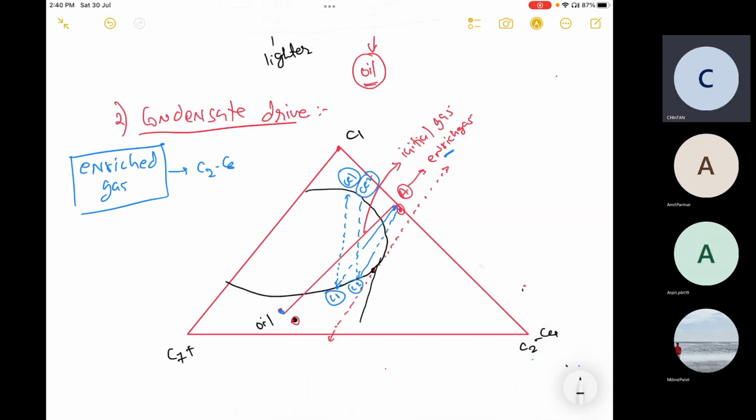Once the composition changes, at that time it will achieve miscibility.